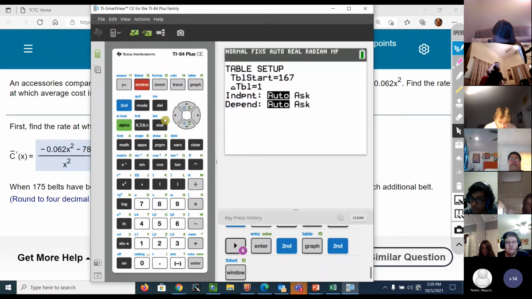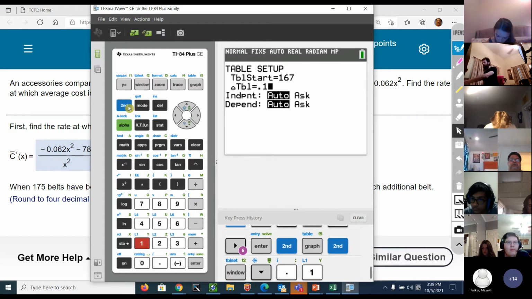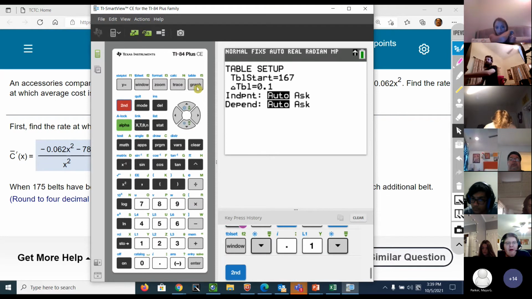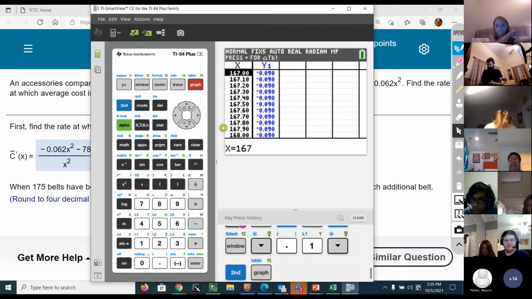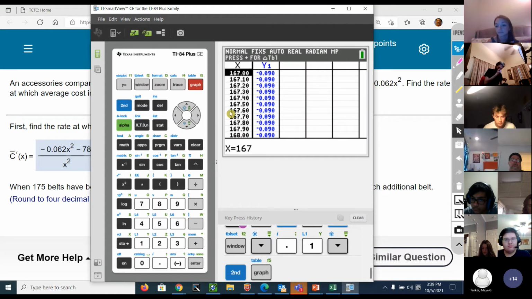I thought it would be under table set, but that changes your X to like 0.1. That just changes the X. Does anybody know how to change the rounding on the Y? He ain't gonna tell me anyway, so I don't know why I'm asking.